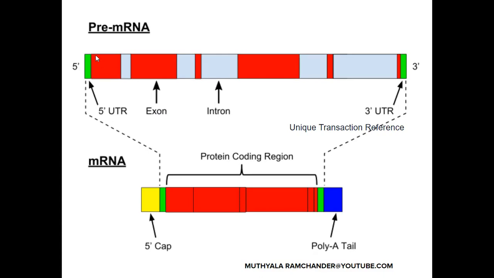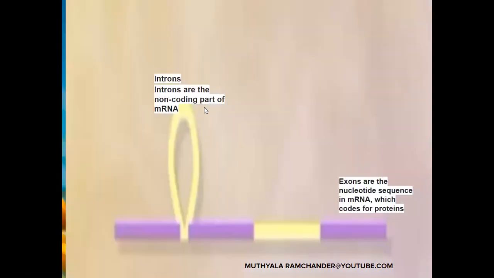Before the pre-mRNA develops into mature mRNA, it goes through the splicing process. Splicing means elimination of introns from pre-mRNA. See, these portions, the introns, are eliminated. Introns are the non-coding part of mRNA.